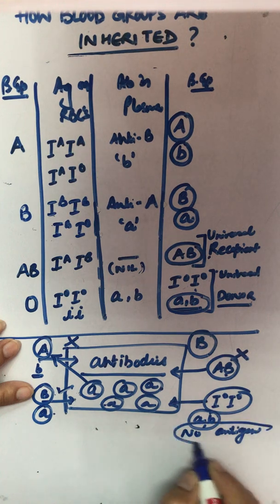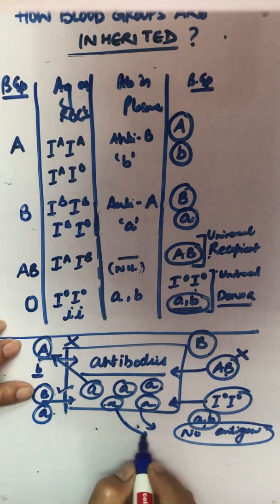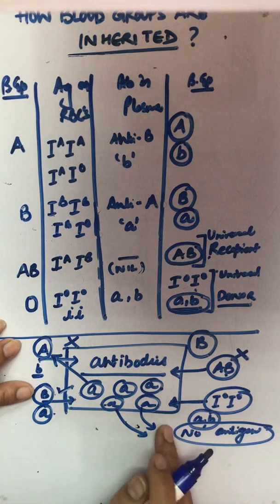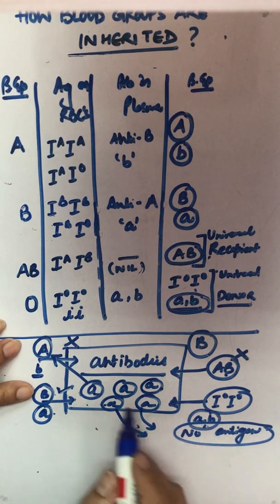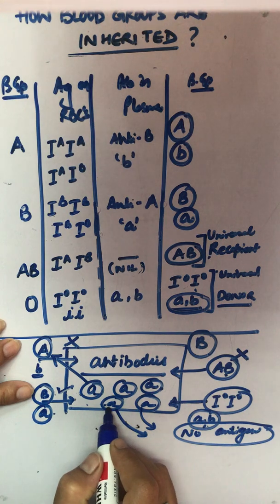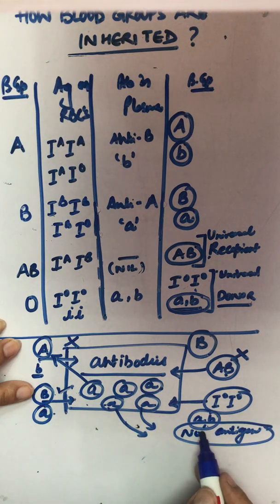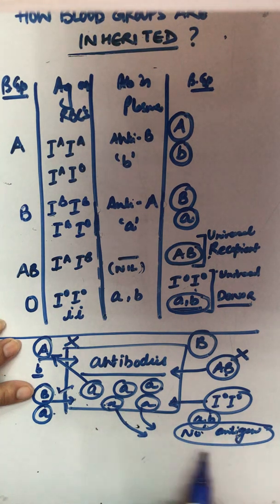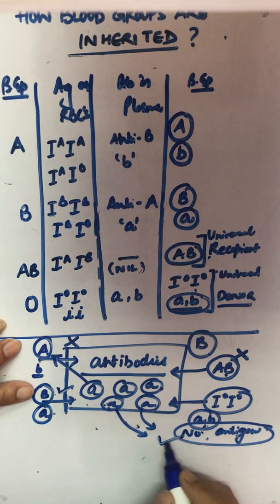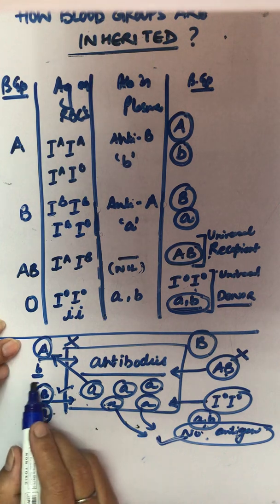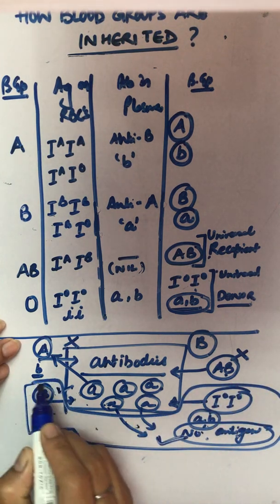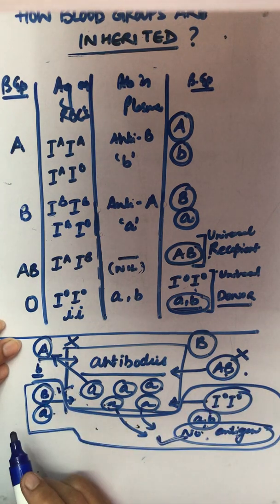If there is no antigen, antibodies have no antigen to attack, and antibodies always welcome another antibodies. There is no antibody fight. There is always an antibody and antigen fight. When there is no antigen, automatically this is also welcomed. So B and O will become the donors, not A and AB.